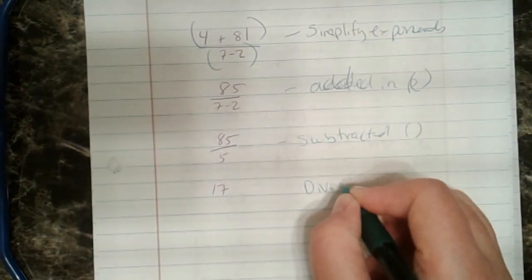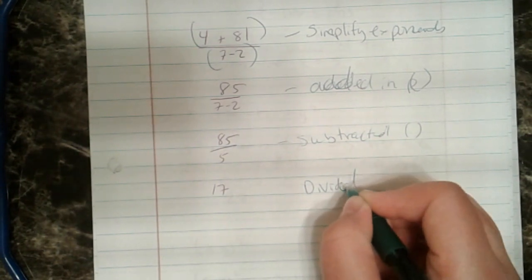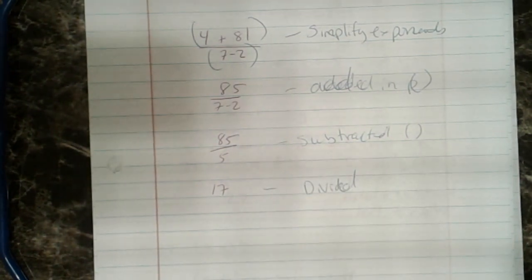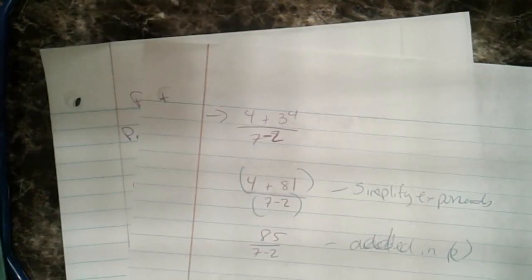And then last but not least, we divided. Hey, I hope you guys came up with 17 on your problem. If you didn't, then go back and see where you made the mistake. And if you still need help, let me know. And I think that concludes, oh, it does. It concludes part 2 of 1.2.